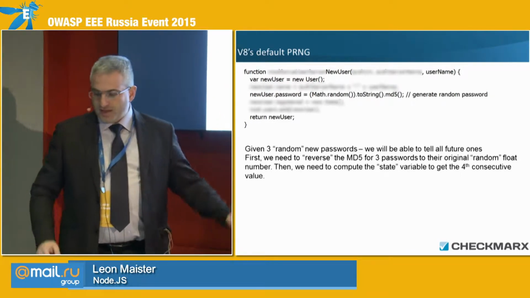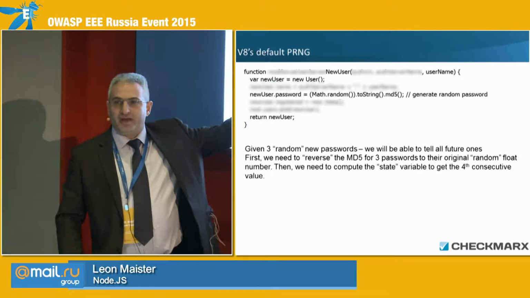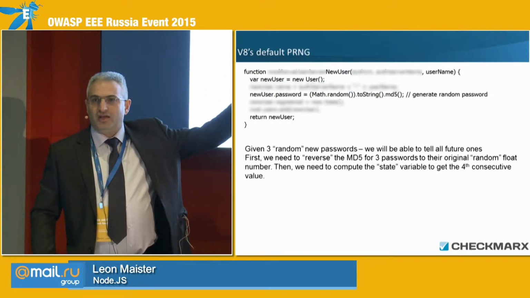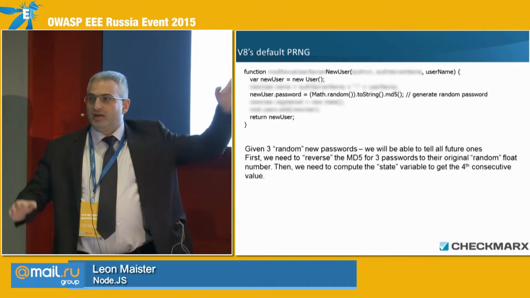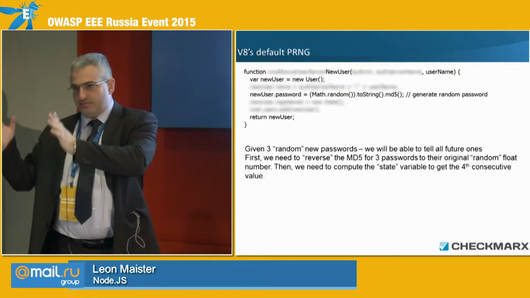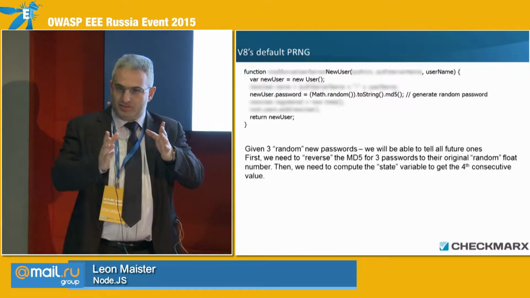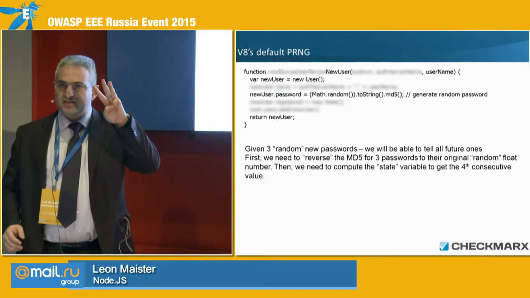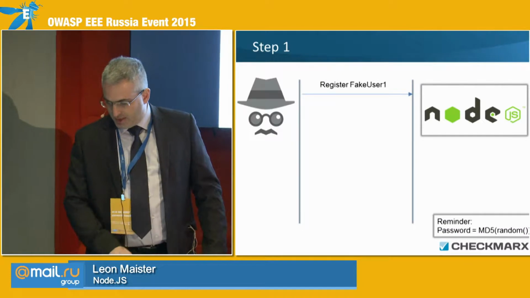In our case it's a little more complicated because of MD5. If I use a rainbow table and reverse the hash to a clear number, I receive the state. I have three states. I can take state number 4, and I am in.